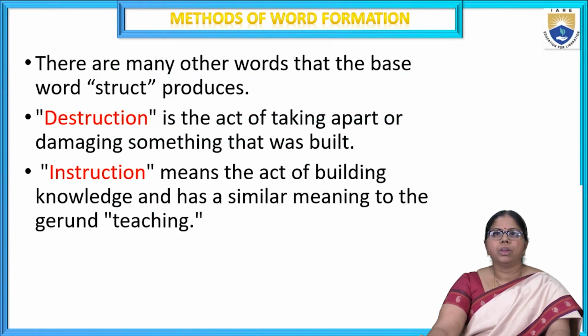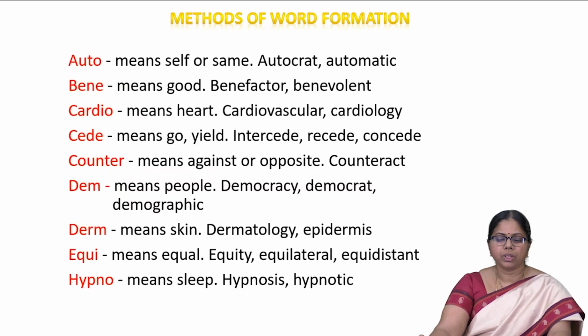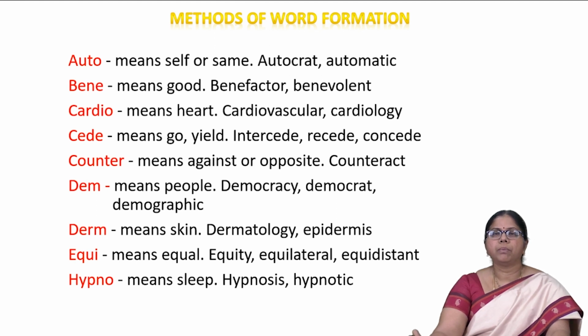Here we have some root words like auto. Let us discuss some meanings of these root words. Auto means self: autocrat, automatic. If you know the meaning of auto, it is something which relates to the self. And bene: beneficial, benevolent, benedict, benefactor. What is the meaning of bene?